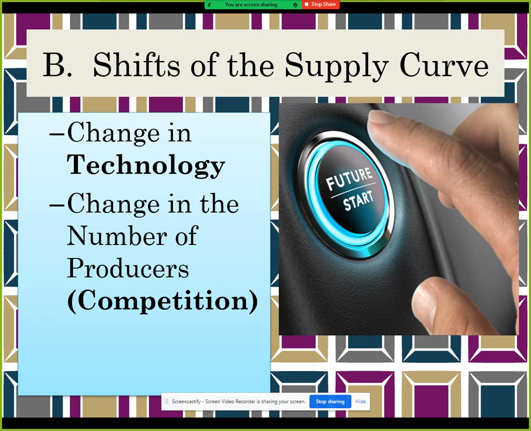We saw something similar with demand yesterday. The more producers there are of something, what does that do to supply? It increases it, obviously. If more people are making something, it increases. If there are fewer producers, what happens? It decreases the supply, so that would shift it.